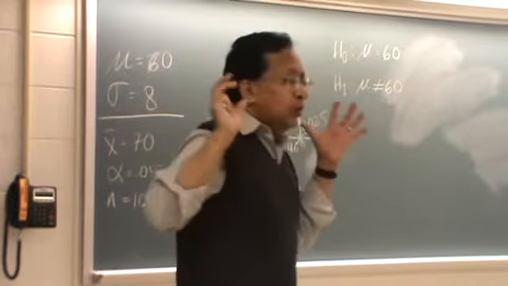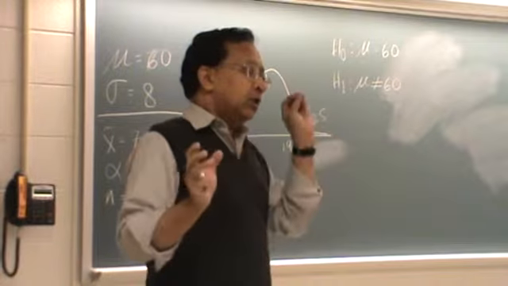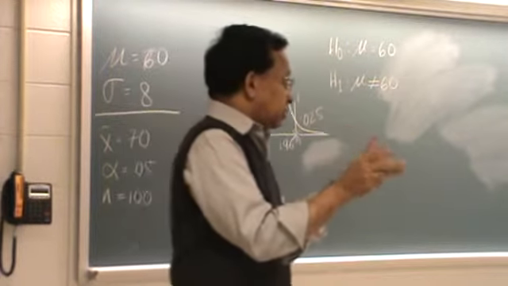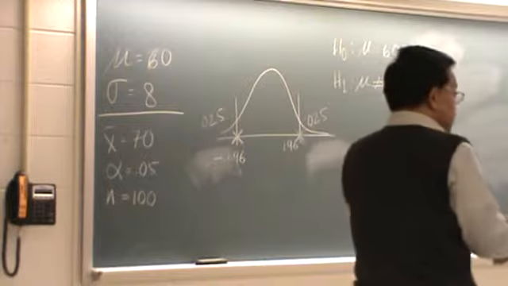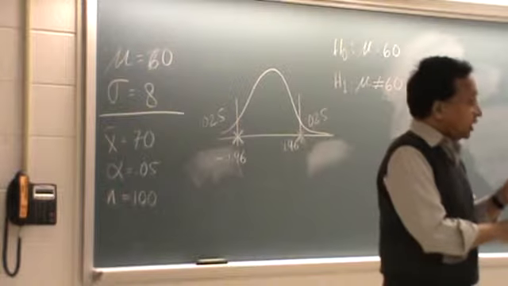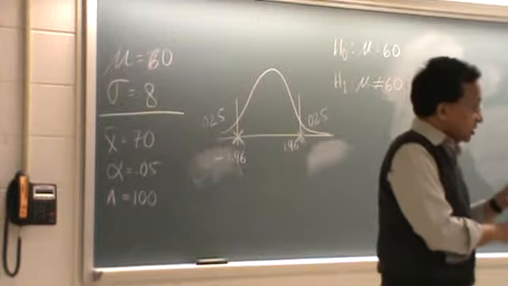Again, look at the information we have. First thing, the math test was given to all freshmen, the whole population of freshmen at ISM. They took the exam, their average was 60 and standard deviation was 8.